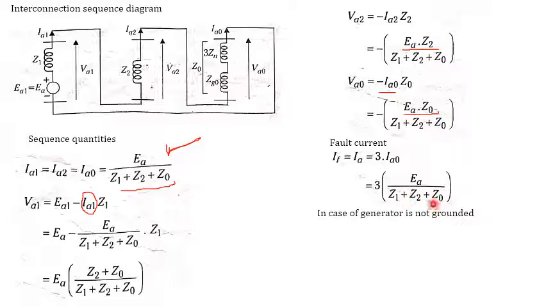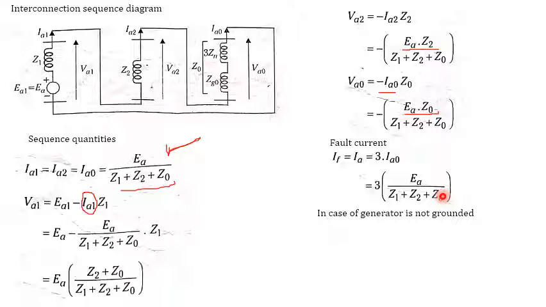Basically we are trying to calculate the equation considering the value of Z naught, because we want to know what happens to the fault current during the fault condition if the system is grounded or not grounded.